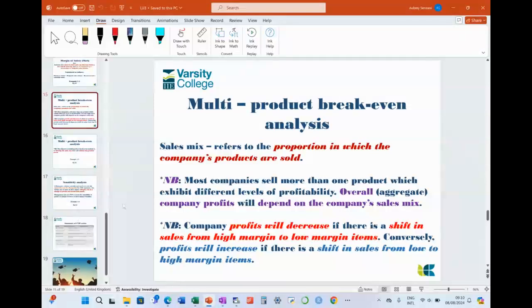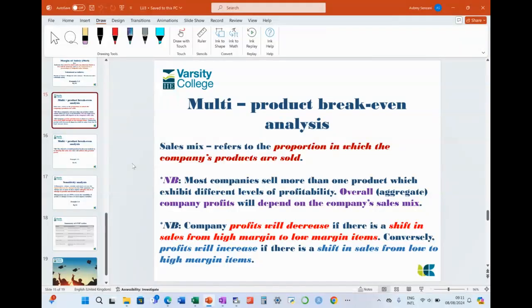Now, like I said, in this learning unit, multi-product break-even analysis. So sales mix refers to the proportion in which the company's products are sold. In other words, we have different products that we are selling.